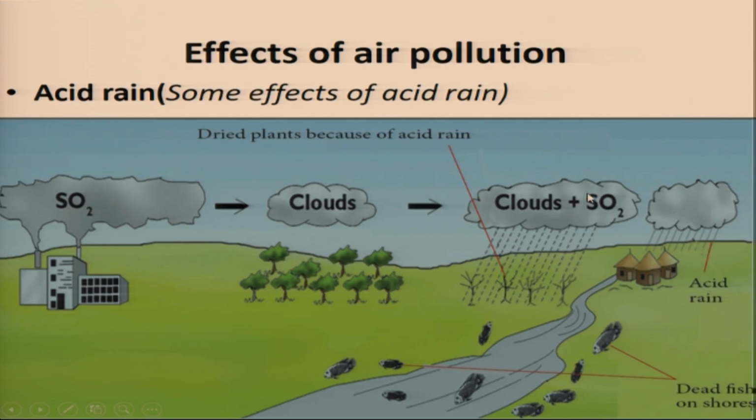It is what we call acidic rain. All right? Can be sulfur dioxide, can be carbon monoxide. All of that leads to acidic rain. Now, this acidic rain, when it hits the plants, you see those plants? Formerly, they are very okay.